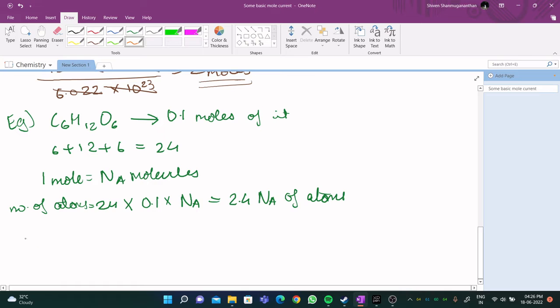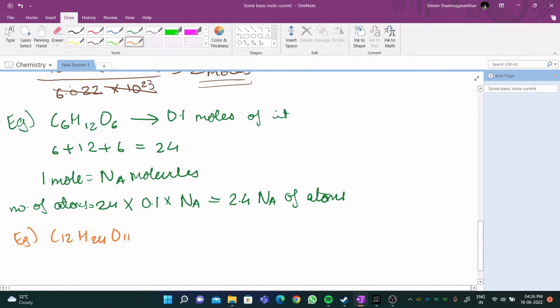Example: C12H24O11. If I'm not wrong, this is the right formula.